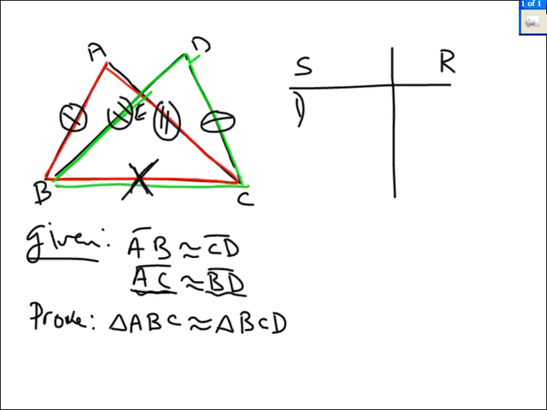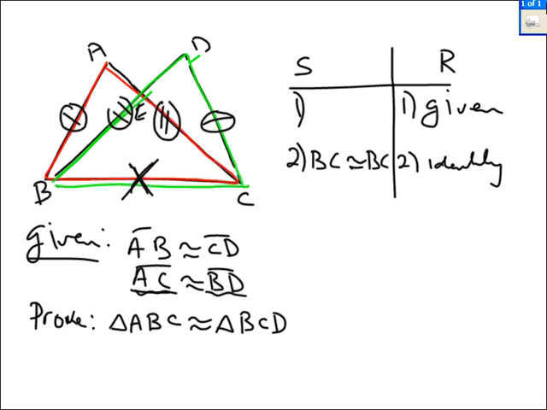Statement number 1 is the given, and the reason that the givens are true is because they were given. And now just jump right to it. BC is congruent to BC. The reason is identity. The length of a side is equal to itself.